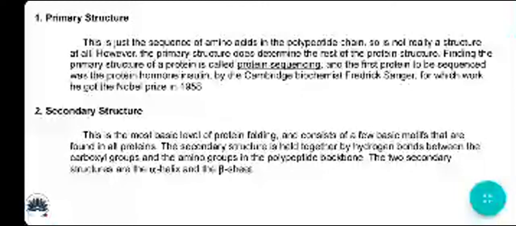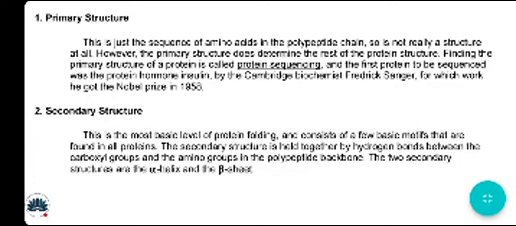The primary structure is just the sequence of amino acids in the polypeptide chain, so it's not really a structure at all. However, the primary structure determines the rest of the protein structure.